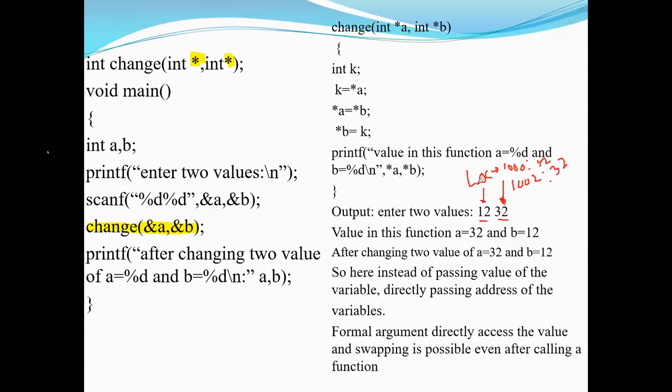Okay, here when you use ampersand a and ampersand b, it indicates that I am copying the address here. The pointer points to the address. Simply you are passing 1000 to a, 1002 to b.